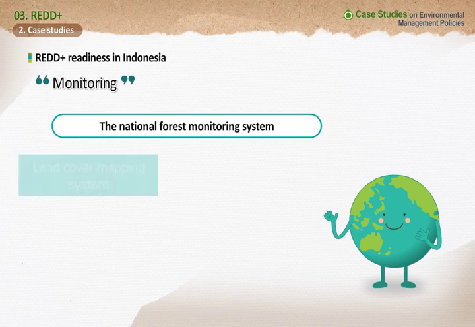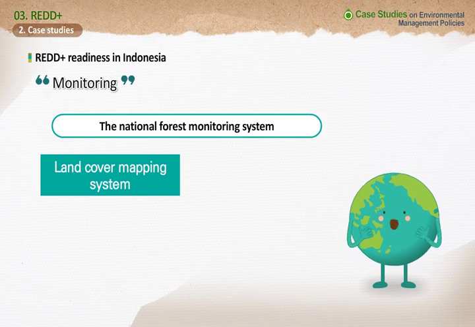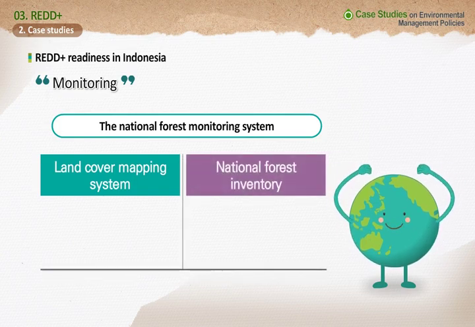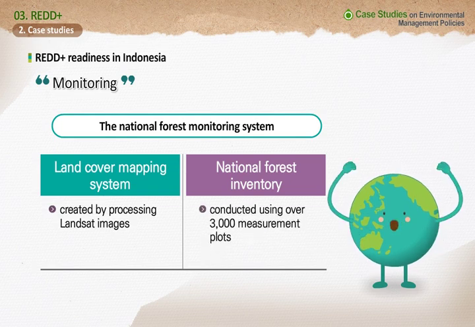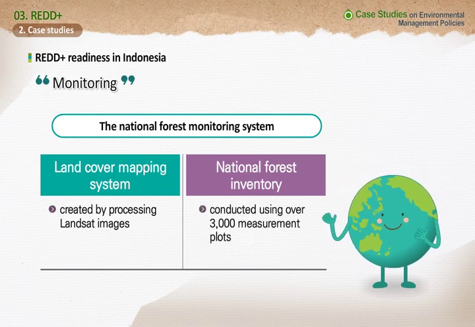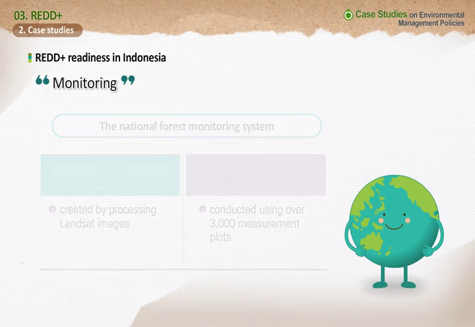The National Forest Monitoring System developed for REDD+ consists of a land cover mapping system and a national forest inventory. The land cover maps are created by processing Landsat images, which are now freely available. The National Forest Inventory is conducted using over 3,000 measurement plots established in forests across the country.